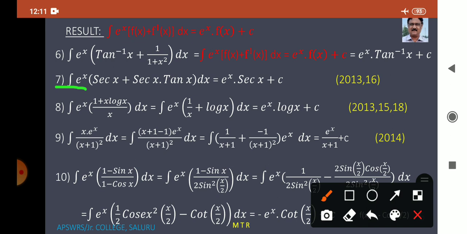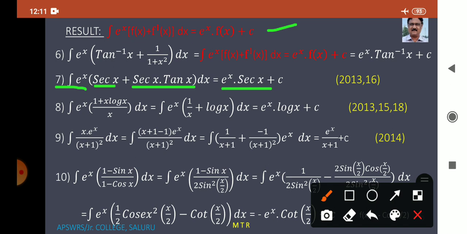Here suppose secant x is our function. What is the derivative of secant x? Yes, the derivative of secant x is secant x into tan x. So if secant x is f of x, then secant x tan x is f dash of x. So by this result, this is equal to e power x into secant x plus c.